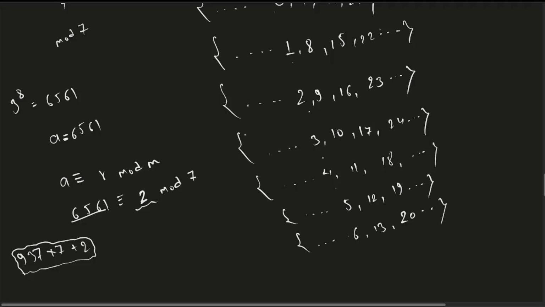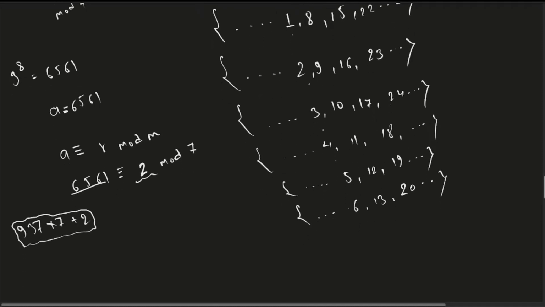So we'll have to use the power of equivalent classes and come up with something a lot better. I use 3 to the power 8 for a reason. We can use the power rule, the things we studied in our high school days, and compute the remainder a lot faster. So 3 to the power 8 is equivalent to 3 to the power 4 times 3 to the power 4.